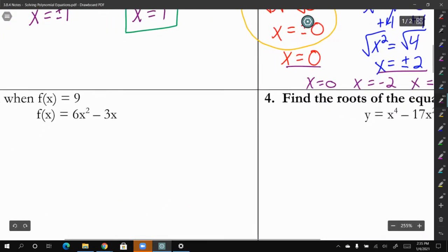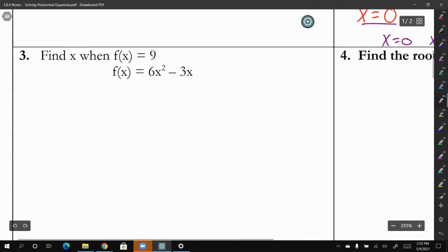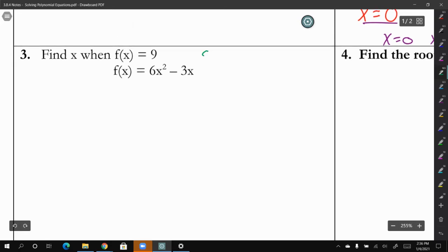All right, let's look at number 3. It says find x when f of x equals 9 and f of x equals 6x squared minus 3x. So what you're going to have to do is set these equal to each other.